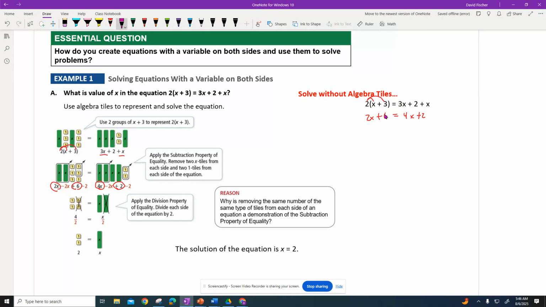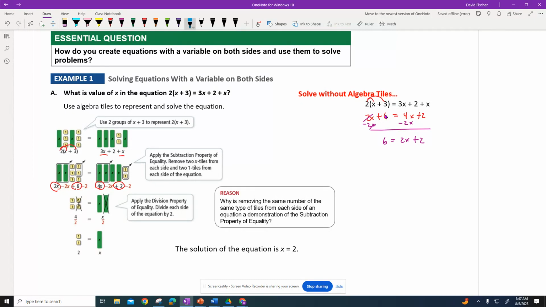Now you have to decide what side you want to get the x's on. Sometimes kids like to keep their x's positive. So if I subtract 2 x's from both sides, these cancel out. I got 6 equals 2x plus 2.